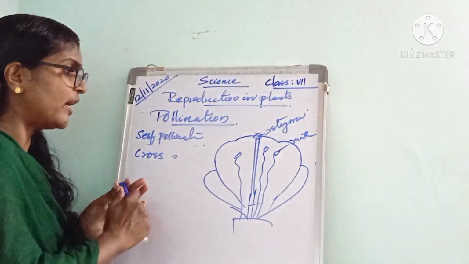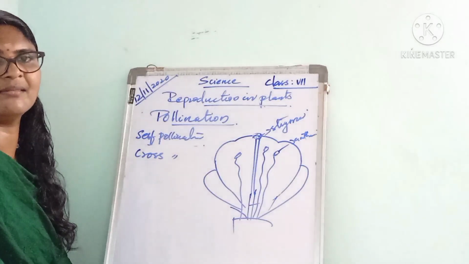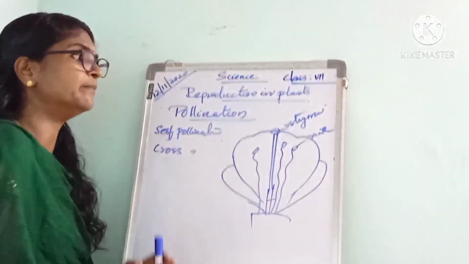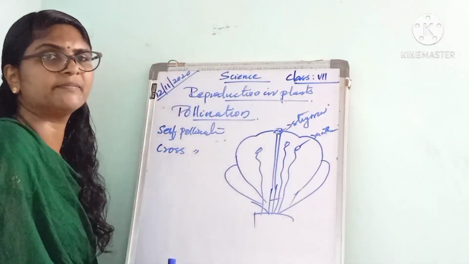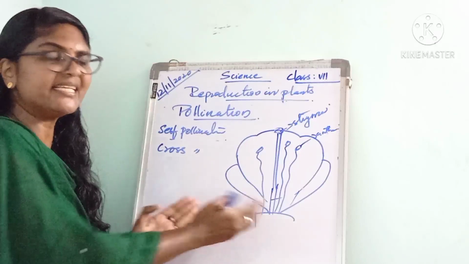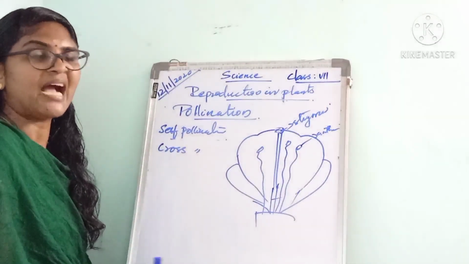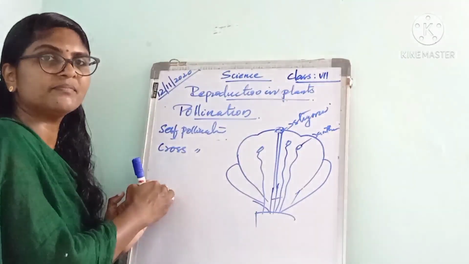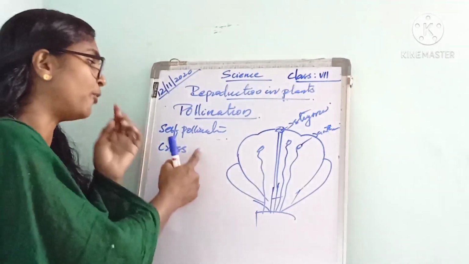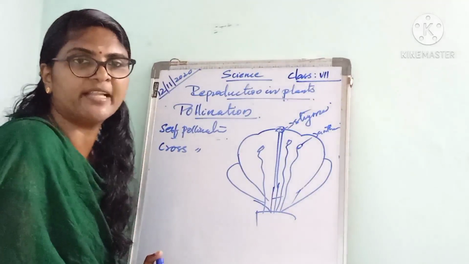Suppose we have two hibiscus plants. The pollen grains from one flower of one plant are transferred to another plant of the same kind. That type of pollination is called cross-pollination.